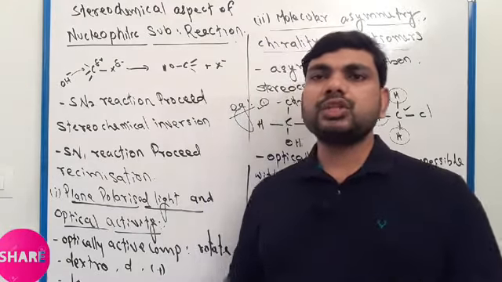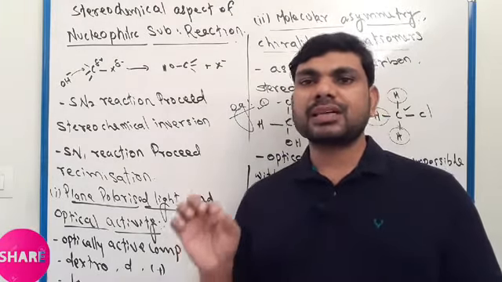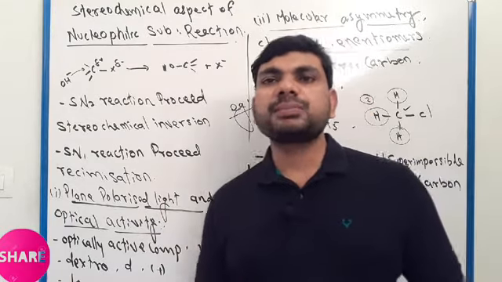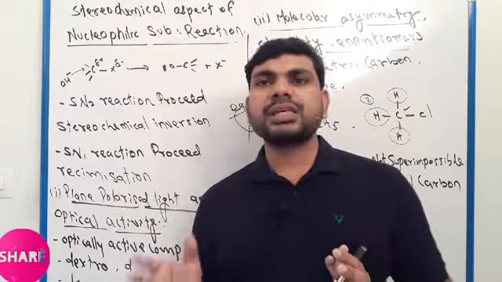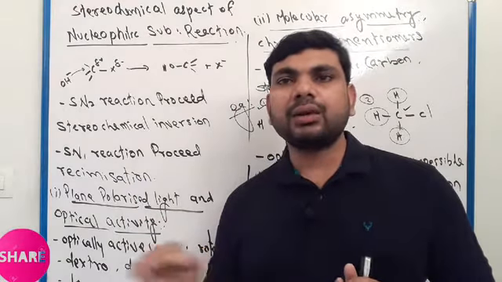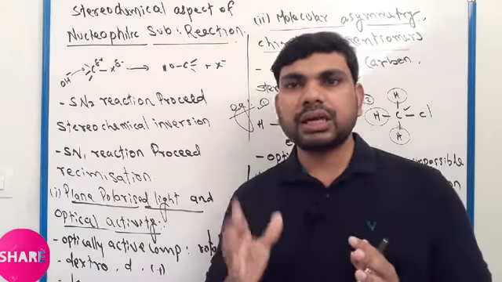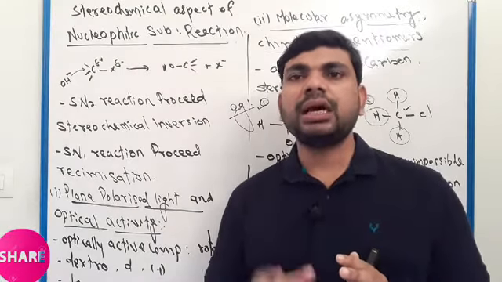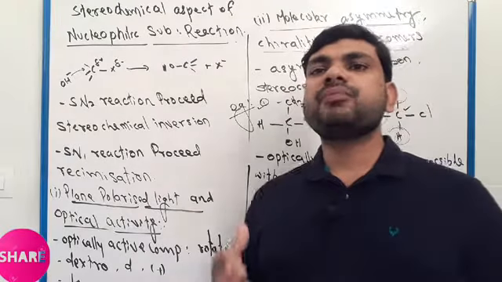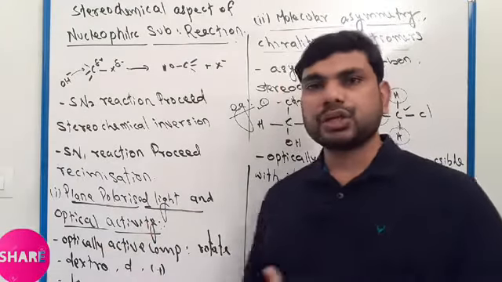So imagine you have a racemic mixture of glucose. A racemic mixture of glucose means a mixture that contains equal amounts of D glucose and L glucose.